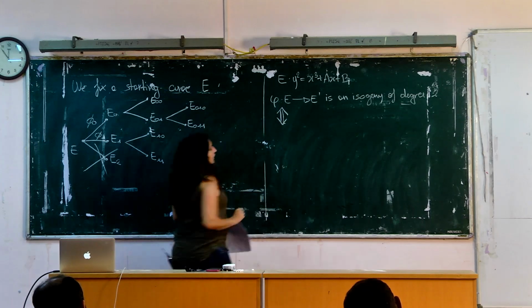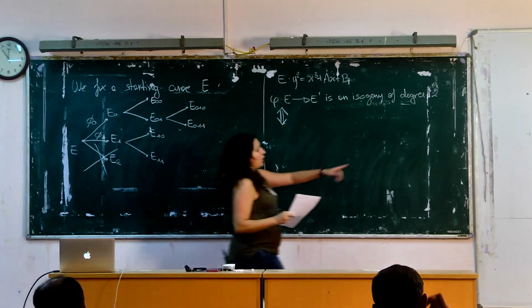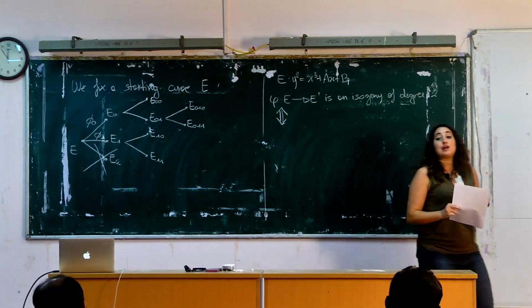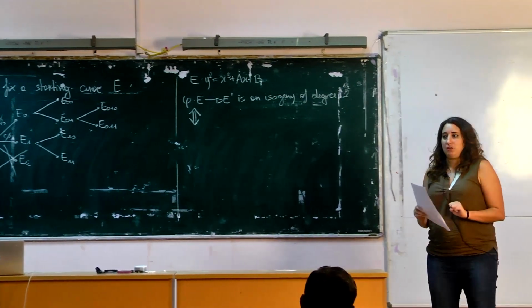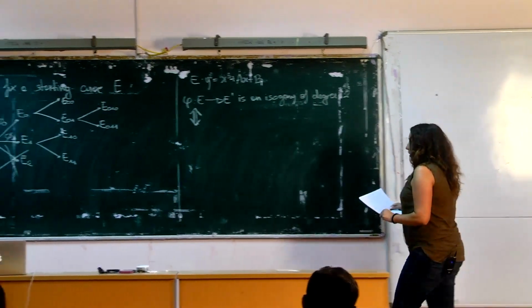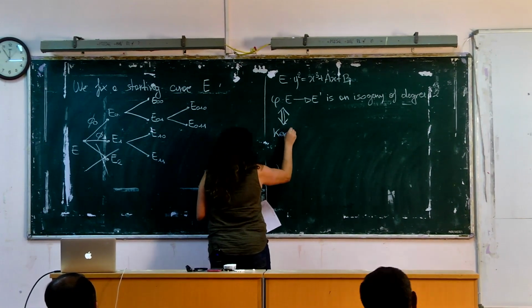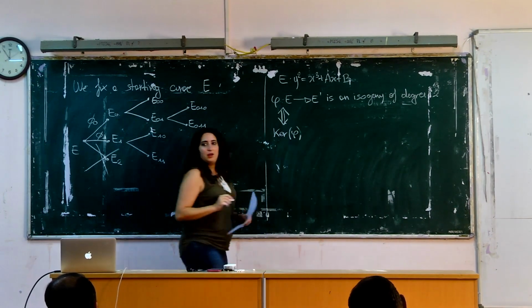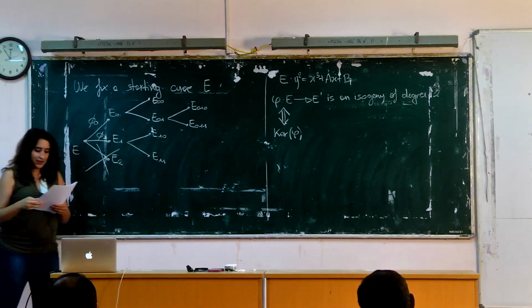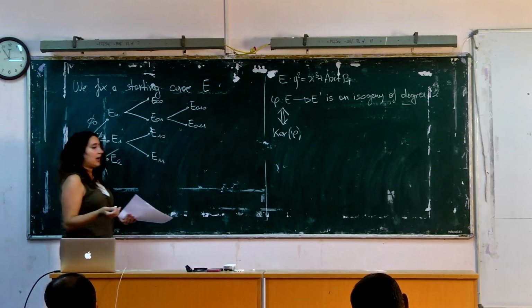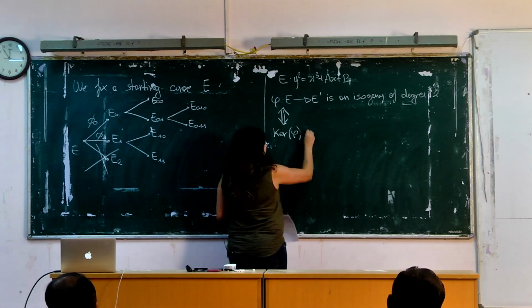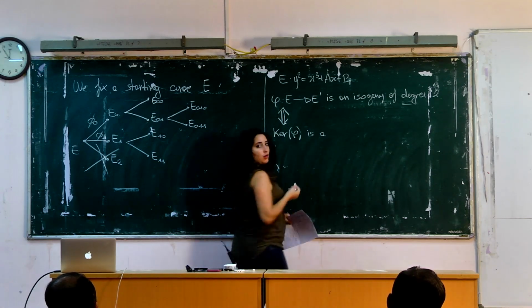As we saw yesterday, when we have a prime, this is actually a separable isogeny of degree 2. So in particular, the kernel, how is this kernel? It is a subgroup of which order?